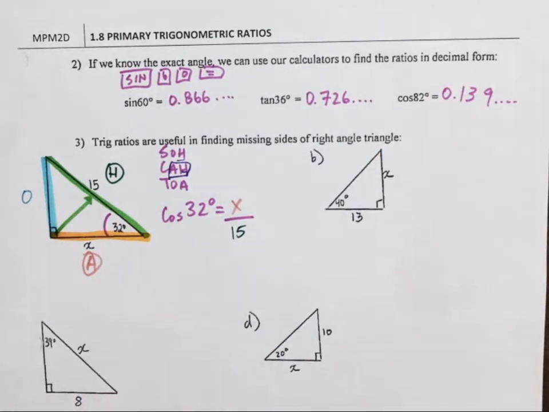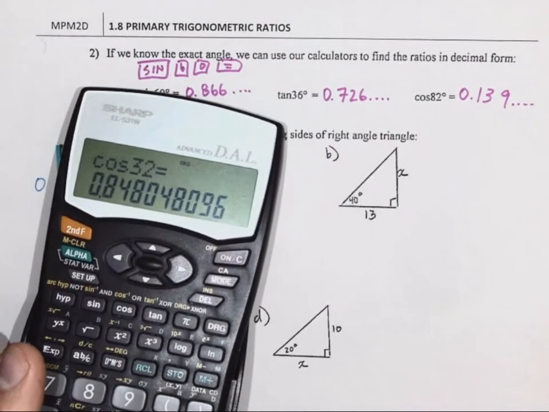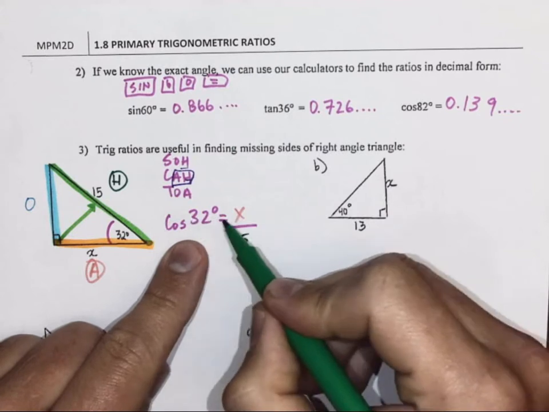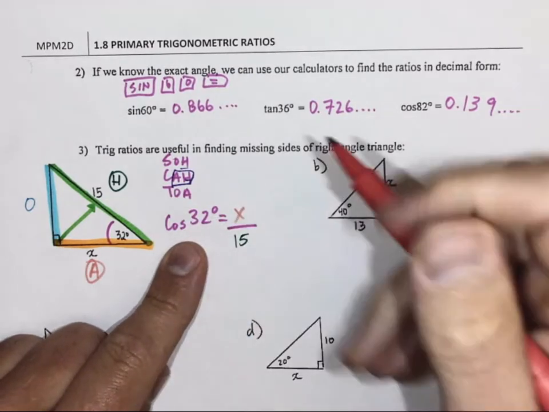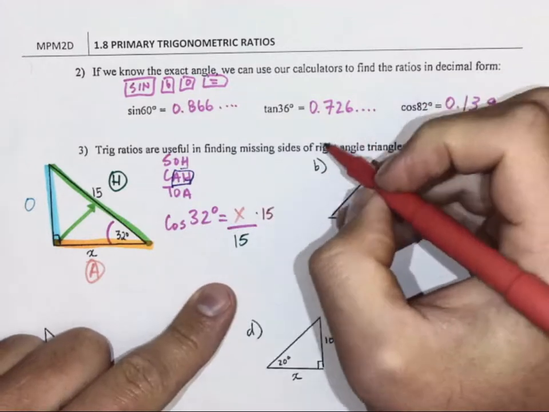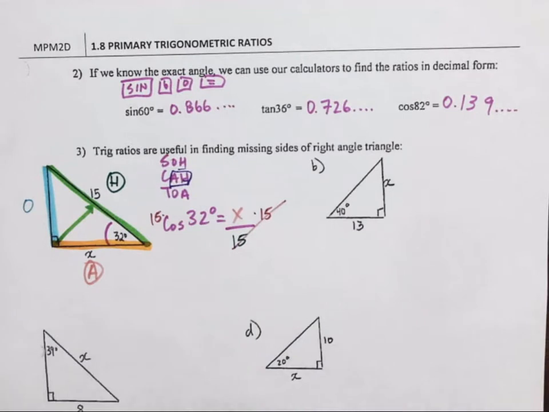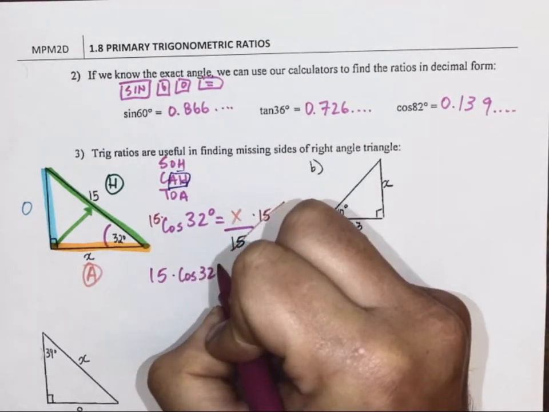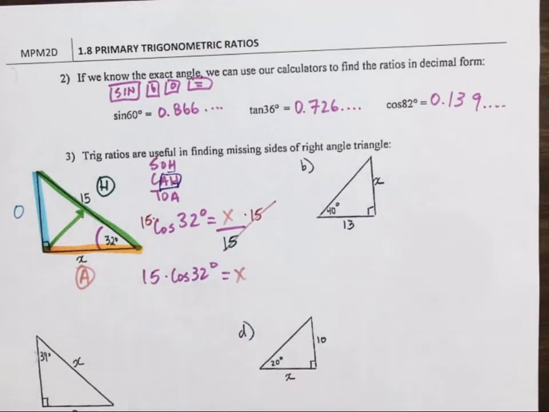Now cosine of 32 is a repeating number. I'm not going to write that in. Remember, that's just a number. So that's like 5 equals x divided by 15. To find out x, I'm going to multiply the right by 15, which means I multiply the left by 15. So what does that look like? That looks like 15 times cosine of 32 degrees is going to equal x.